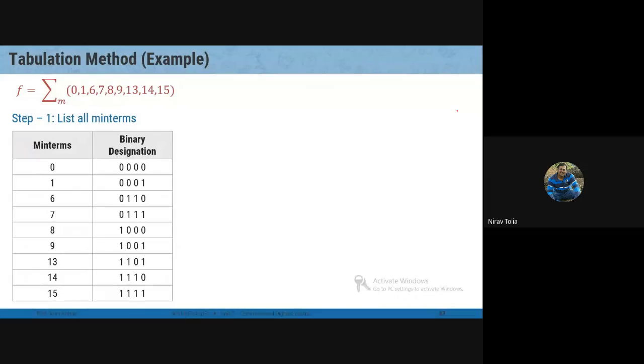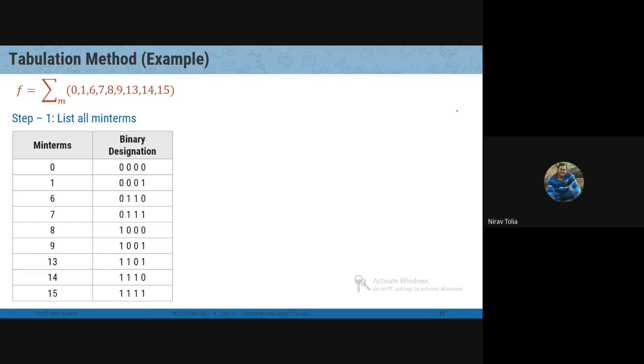Now we have to arrange all the min terms in groups of the same number of ones in their binary representation, in column 1. We start with the least number of ones in a group and continue with groups of increasing number of ones.